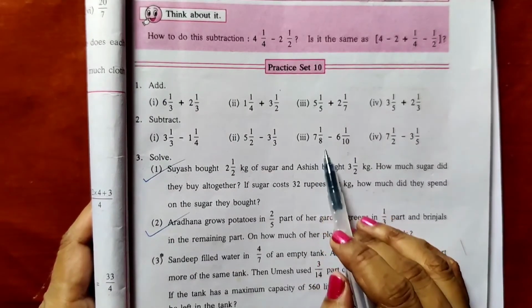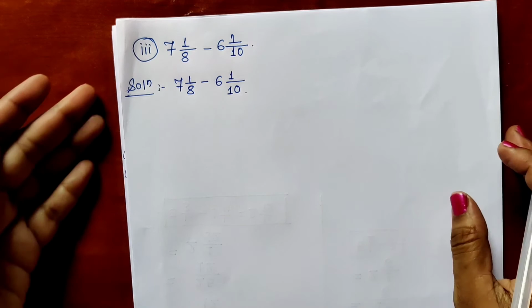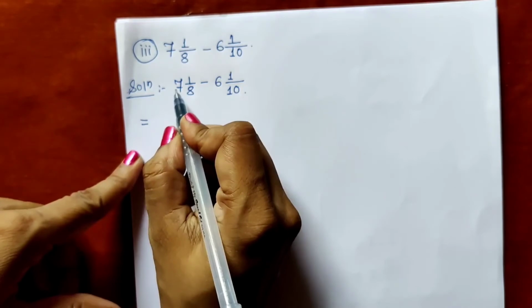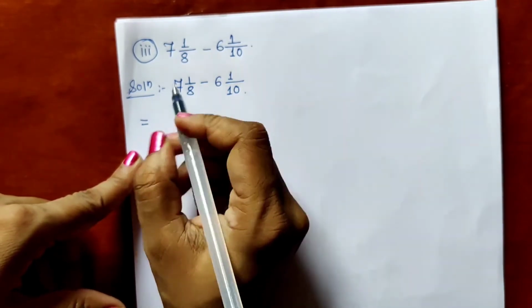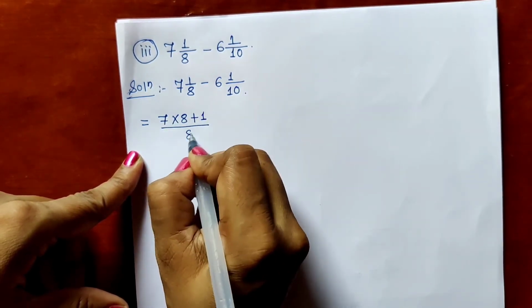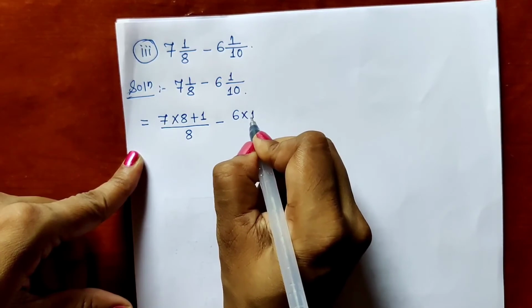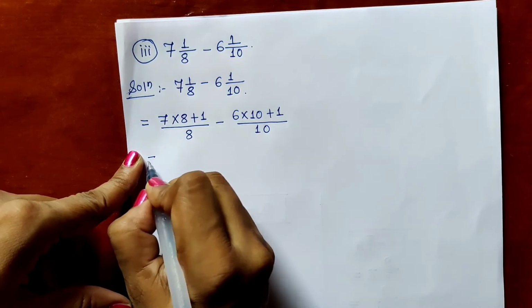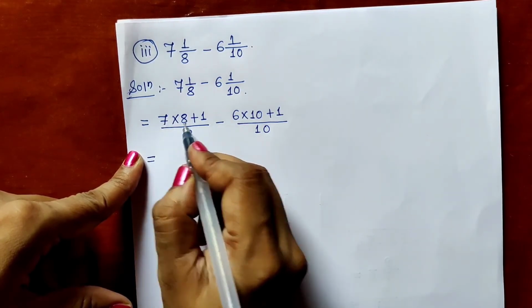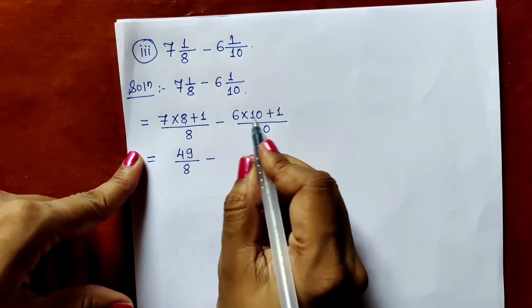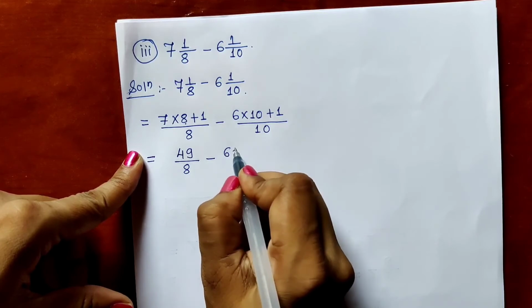Next sum, 7 integer 1 upon 8 minus 6 integer 1 upon 10. Let us do. See children, we will first convert it by applying the formula. 7 into 8 plus 1 upon 8 as it is minus 6 into 10 plus 1 upon 10 as it is. 7 8s are 48, 48 plus 1, 49 upon 8 as it is minus 6 10s are 60, 60 plus 1, 61.